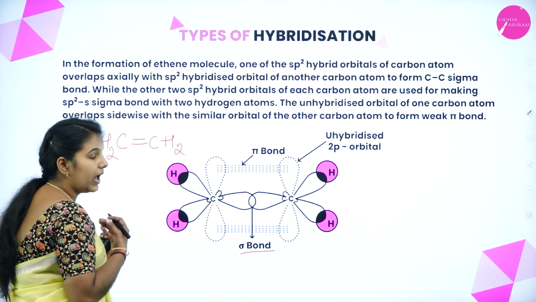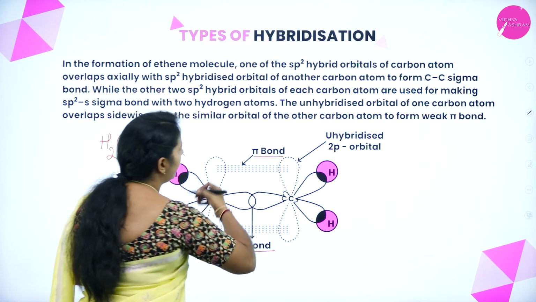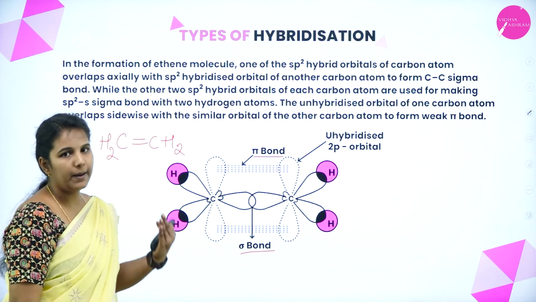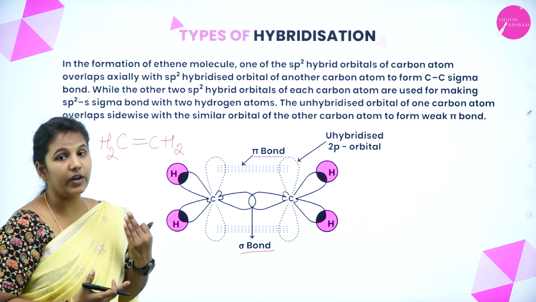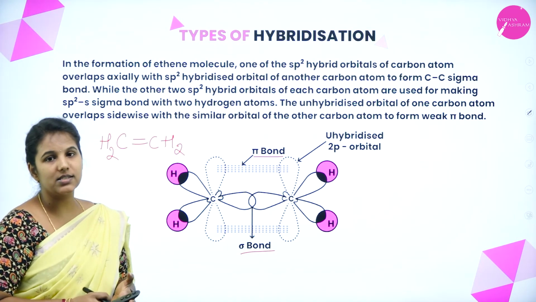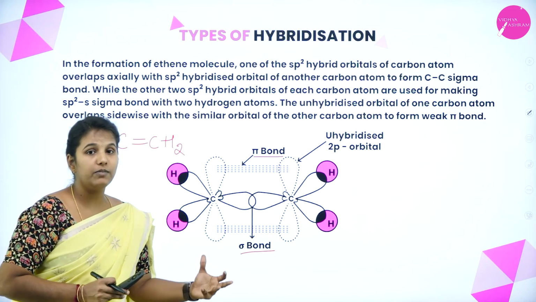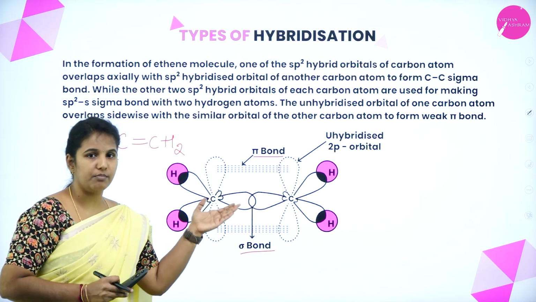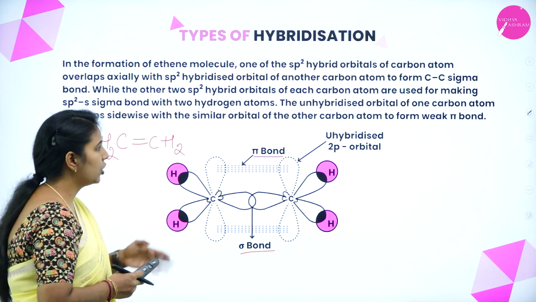Similarly, the unpaired p orbitals overlap and result in the formation of a pi bond. This is how, when we are writing the structures of sp2 and sp hybrid orbitals, we can easily understand how the s and p hybrid orbitals overlap to form a sigma bond and a pi bond. So, hope you have understood this concept.